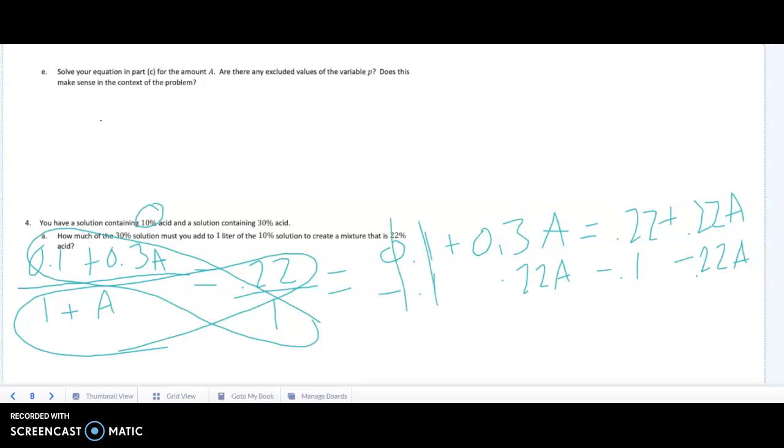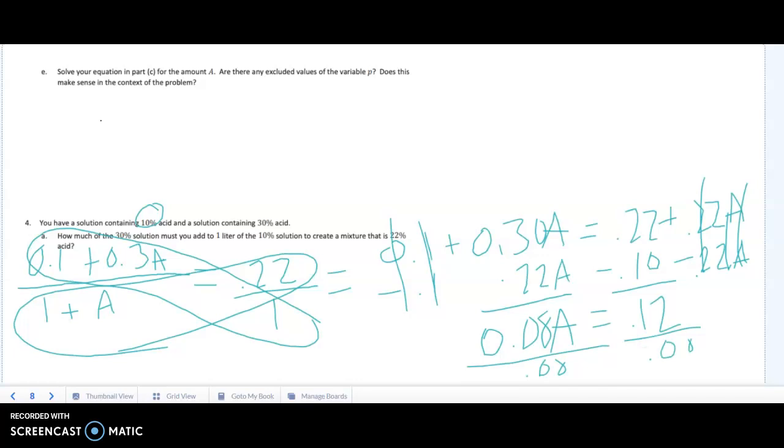So this cancels and leaves you with 0.08A equal to 0.12. Okay. Divide by 0.08.